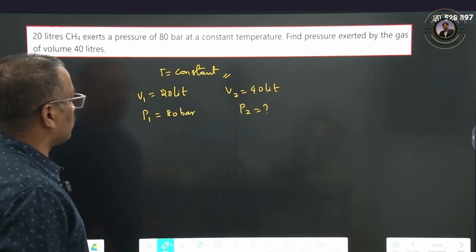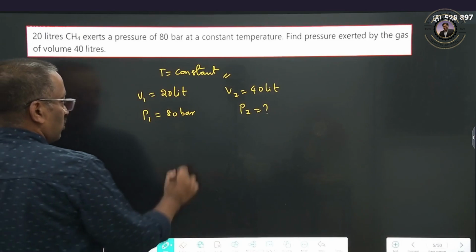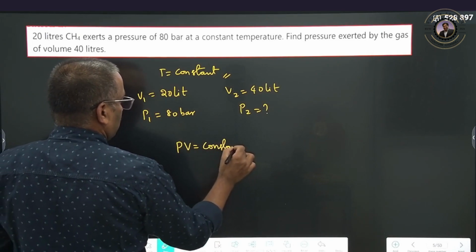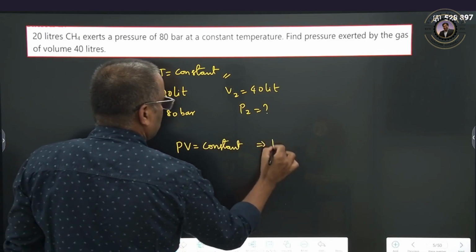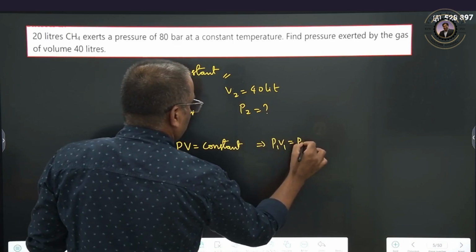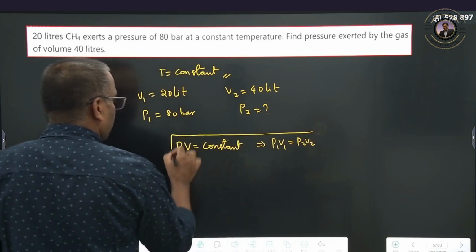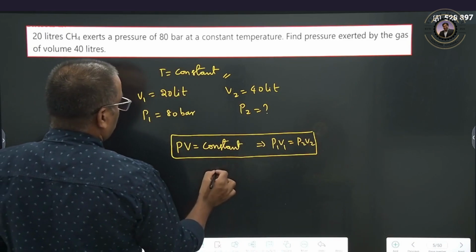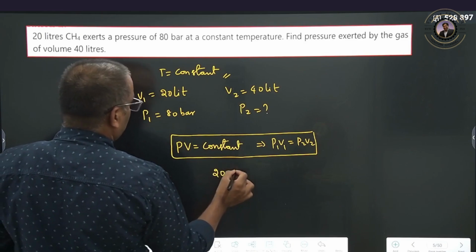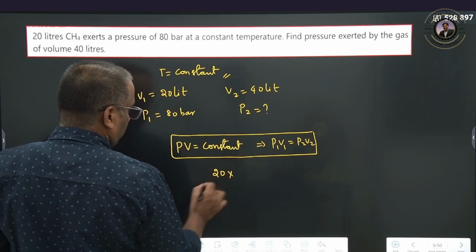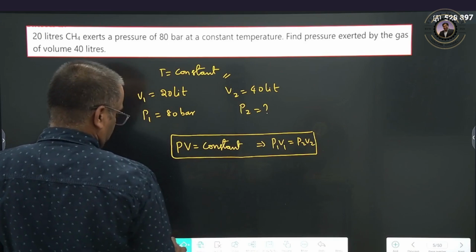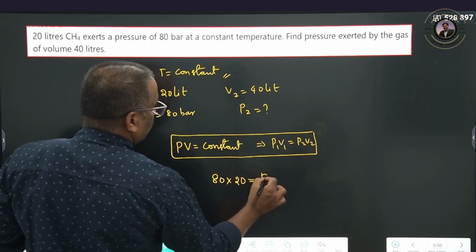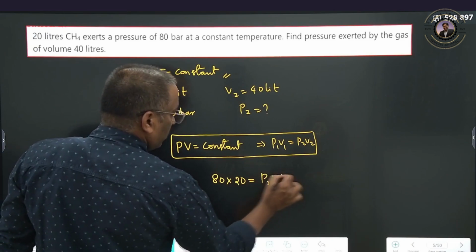Temperature constant means PV equals nRT, so PV is constant. That implies P1 V1 is equal to P2 V2. Now substitute: 80 into 20 is equal to P2 into 40.